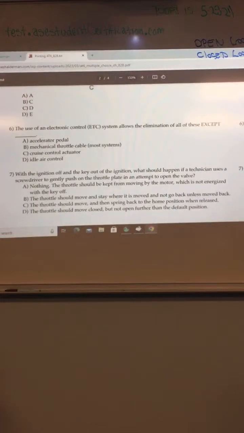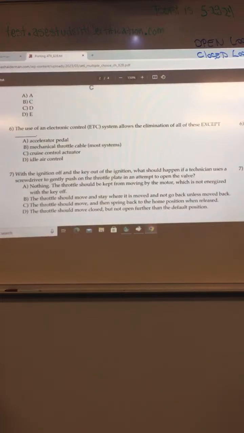It's asking you, it'll eliminate everything except for one of them. The cable doesn't have anything to do with the electronics. Yeah, it has to have the cable.